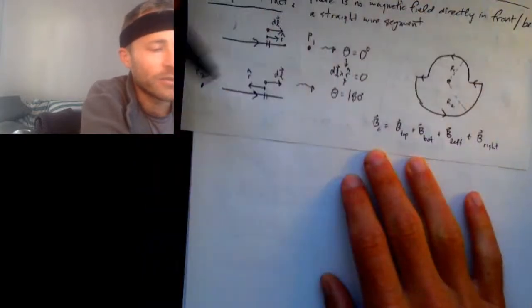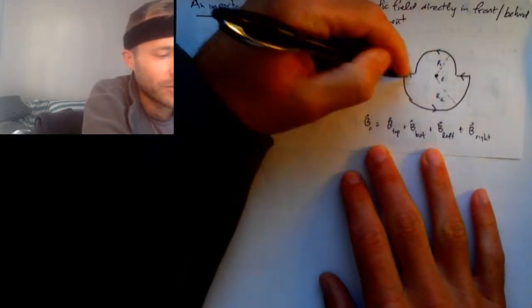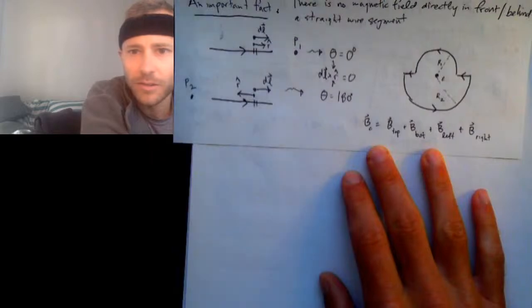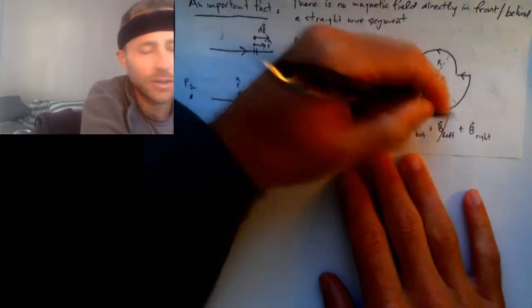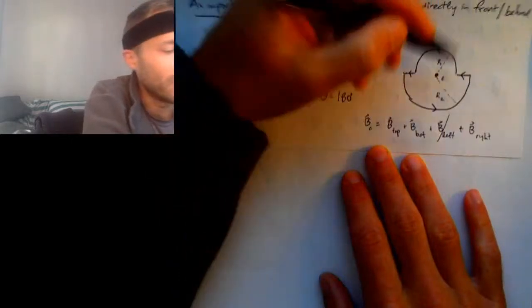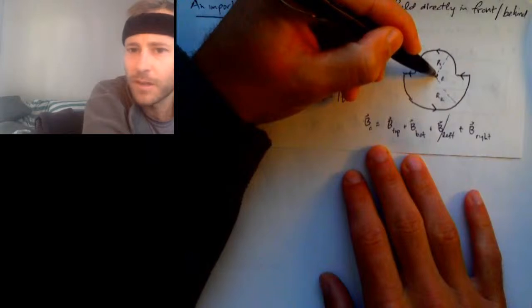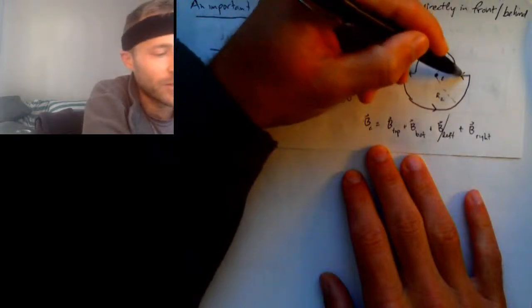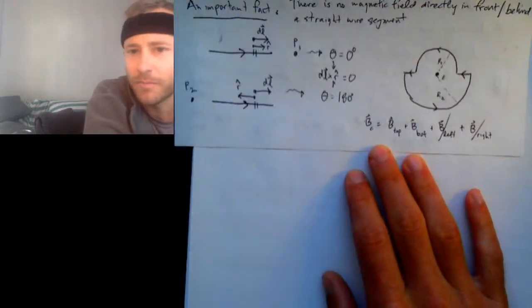The center is directly behind the left segment, so the left segment doesn't make a magnetic field right there, and I can cancel that out. And for the right segment, the center is directly in front of it, so the right segment doesn't make a magnetic field at the center either. So that is 0.